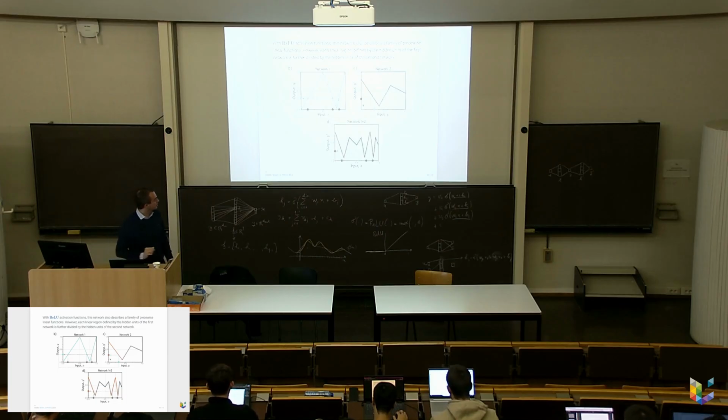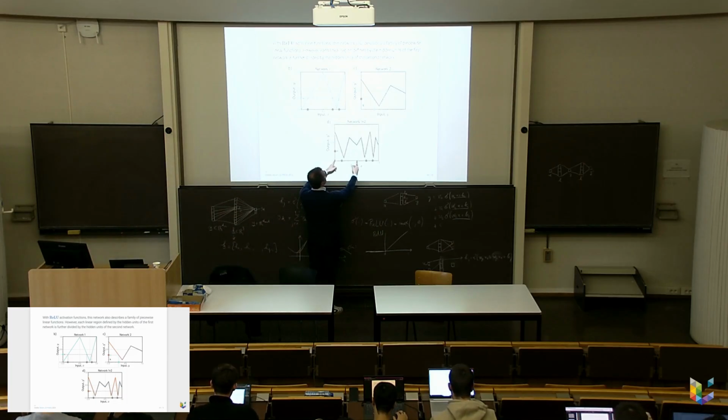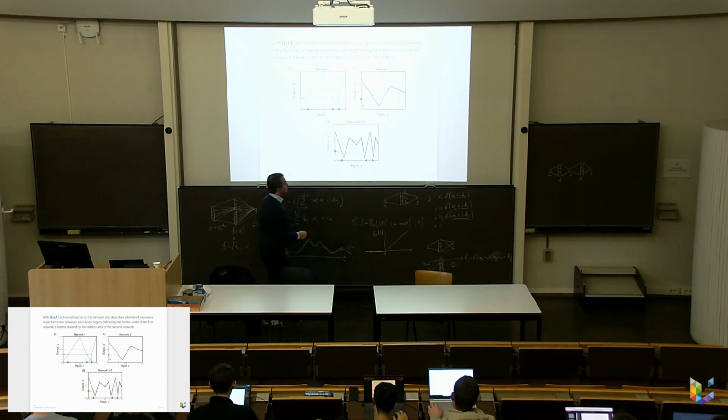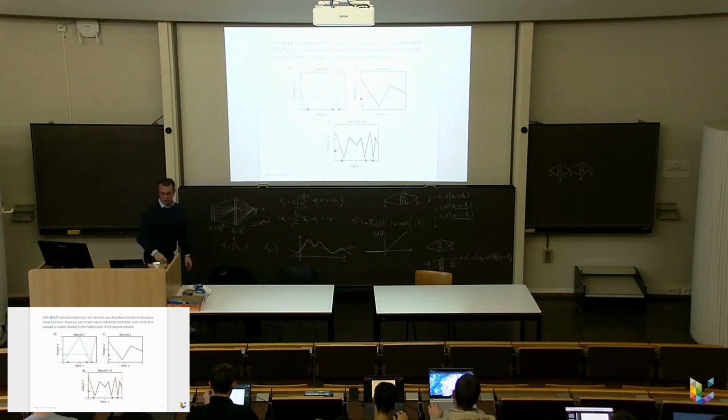So this first region has been divided through the second neural network into these other regions. And similarly, this second region that we obtained from the first neural network is itself divided by the second neural network into subregions, and so on and so forth.